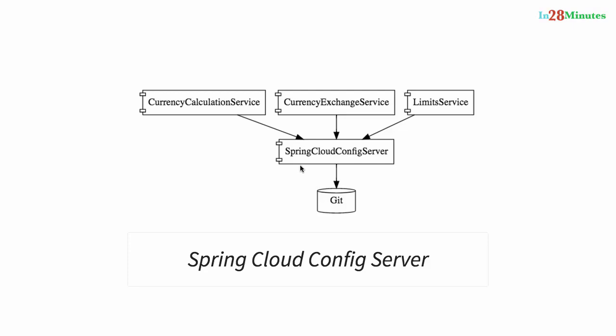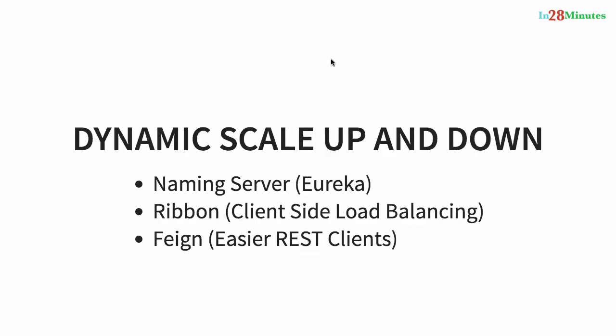And Spring Cloud Config Server can be used to expose that configuration to all the microservices. This helps us to keep the configuration in one place, and that makes it very easy to maintain the configuration for all microservices. The next challenge we talked about was the dynamic scale up and scale down.